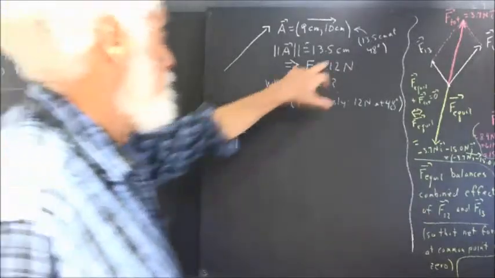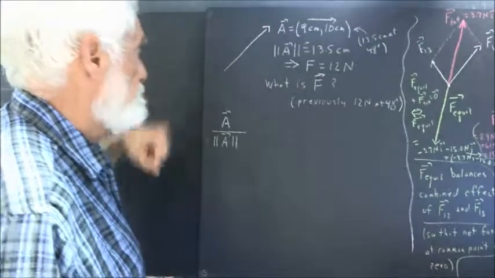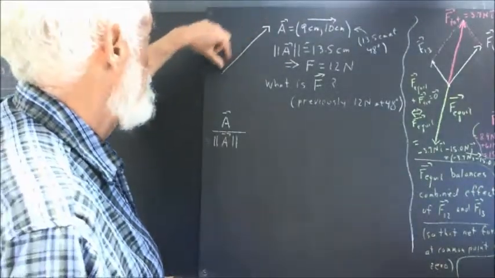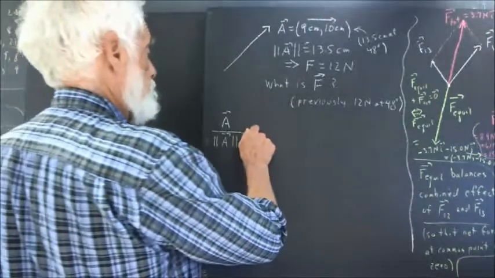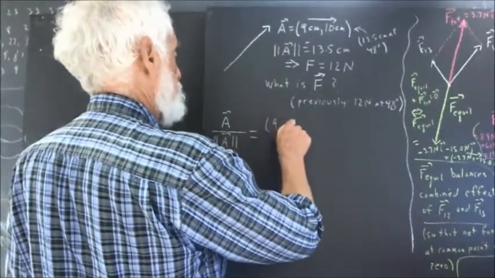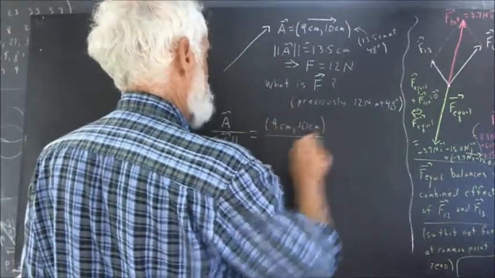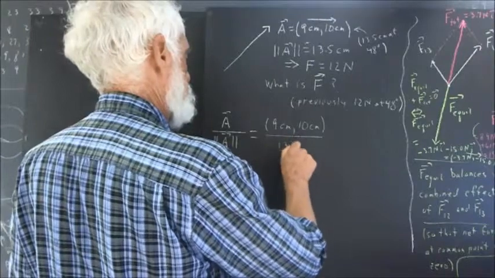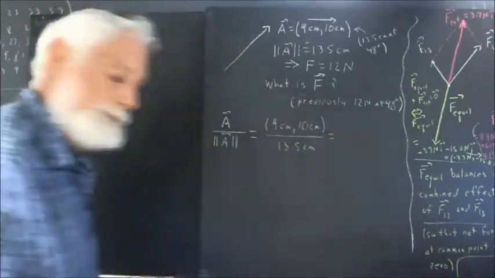Magnitude of A is 13.5 centimeters. So we're going to make this vector 13.5 times shorter than it is. And that's easy to calculate. A is the vector 9 centimeters, 10 centimeters. And we're dividing then by 13.5 centimeters. Okay?